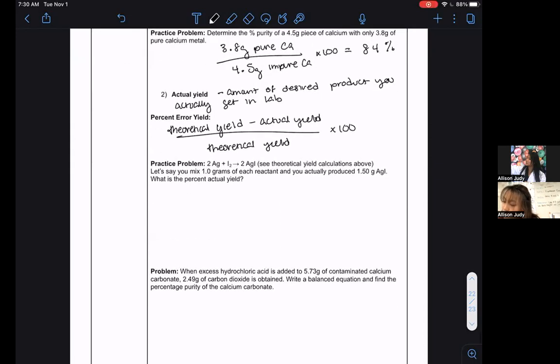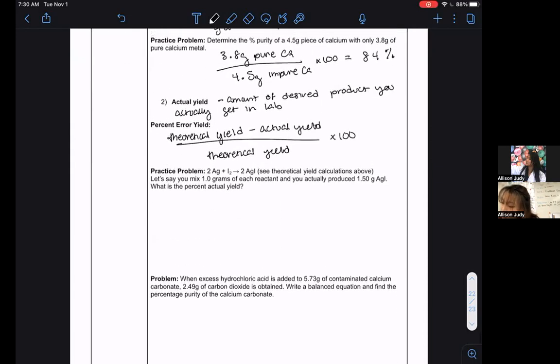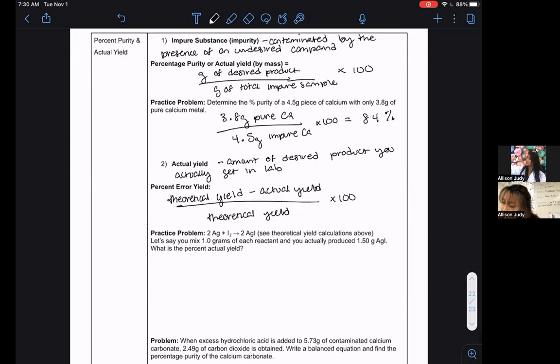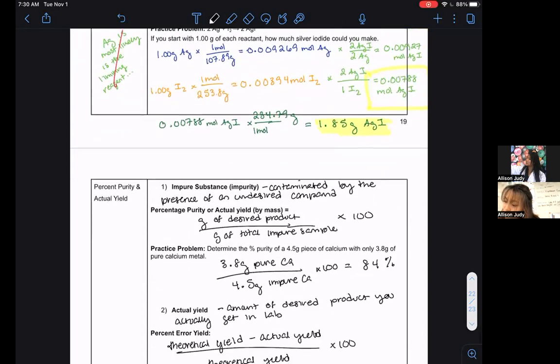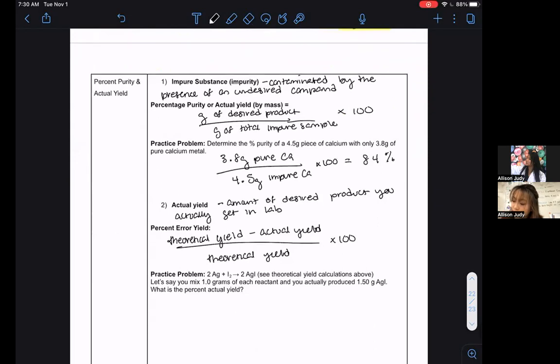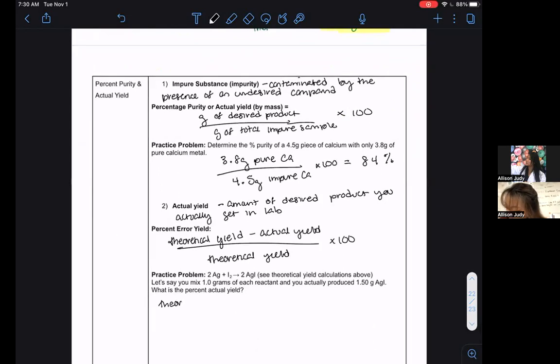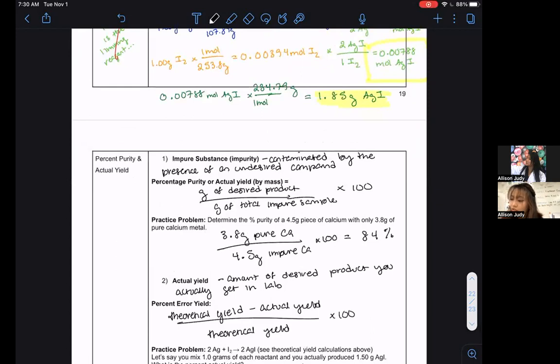So for this problem, let's say that based on our problem above, we predicted that our theoretical yield in grams was 1.85 AgI. That's what we got from above.